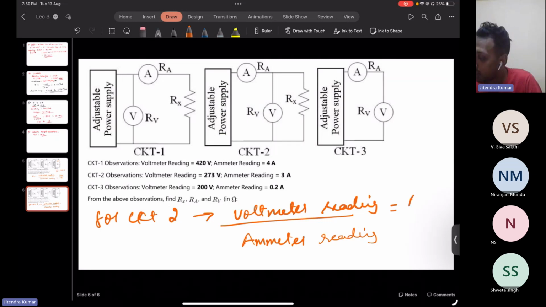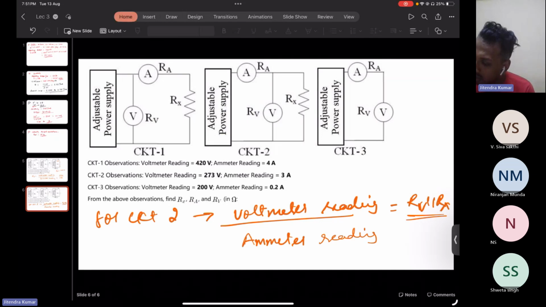RV parallel to Rx. Any doubt here in this statement? Why am I saying this? Voltmeter reading by ammeter reading will give you RV parallel to Rx. RA I am not considering in this particular circuit 2. I hope it is fine with you, right? Okay.